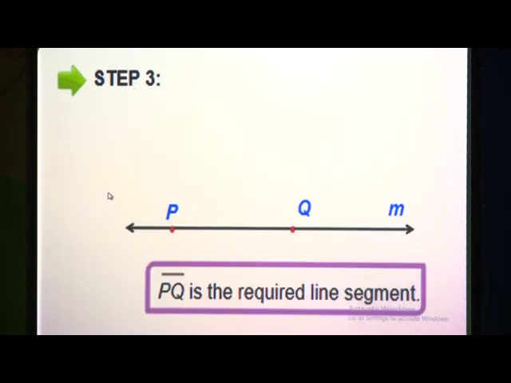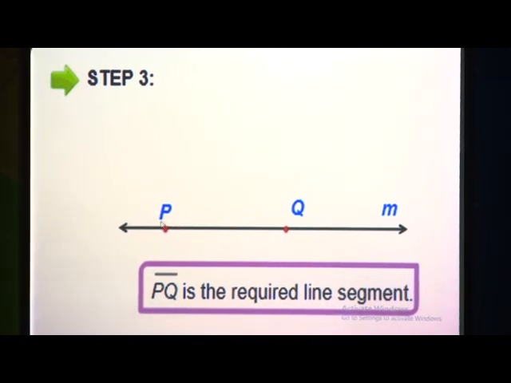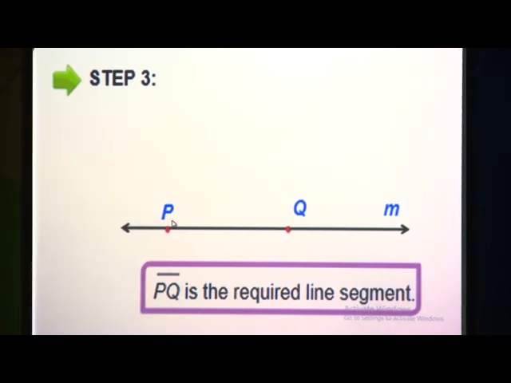Next step: we have drawn a line M and we have to mark the points for AB as PQ.